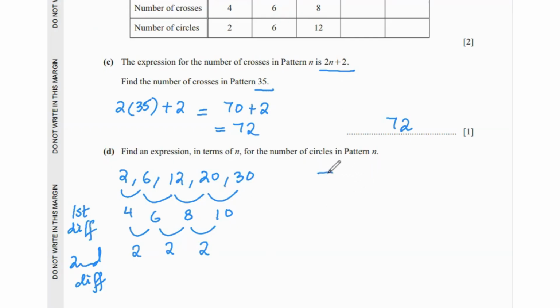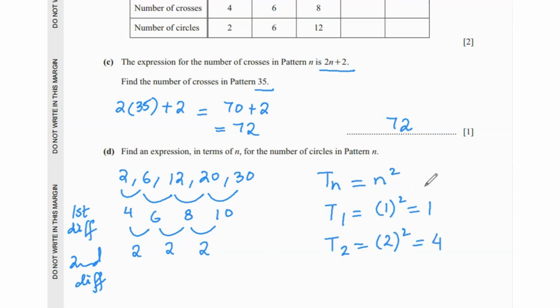So we assume that our nth term is n squared. That's the first thing I'm going to assume. Now, if we use that for the number of circles, for the first pattern, 1 squared would give us 1, not 2. And for the second term, 2 squared would give us 4, not 6.